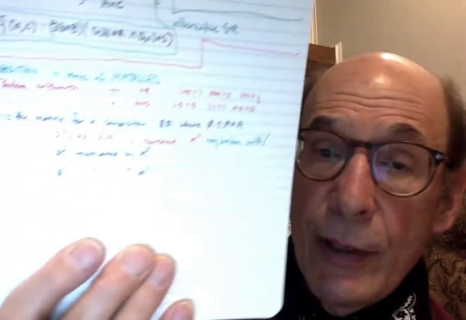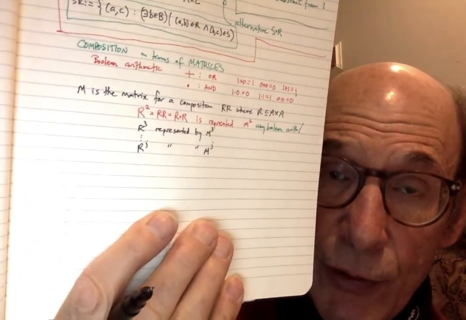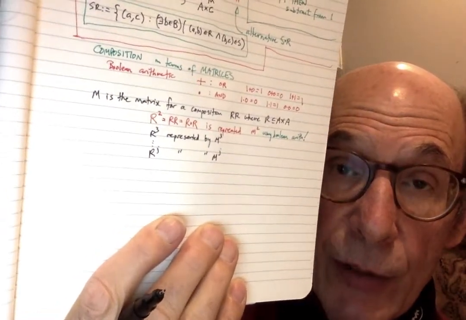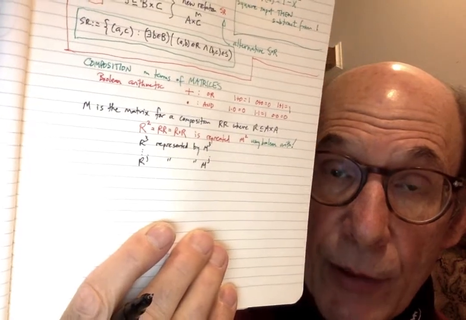Now we can compose R with R squared, and we'll find that R cubed is represented by M cubed. And in general, R to the J is represented by M to the J. So there's this very neat relationship between composition of relations and the matrix representation of the relation.